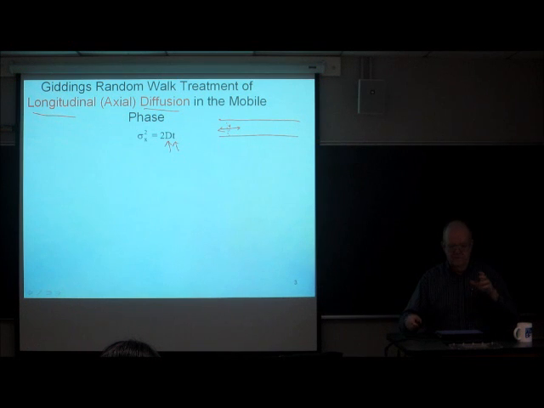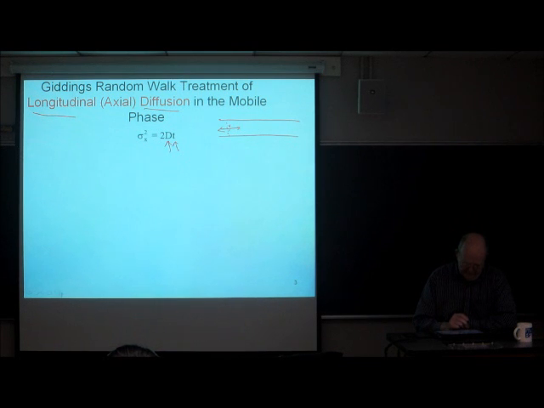So let's think about the process of diffusion in the mobile phase. The first thing we need to do is come up with an estimate of the effective mobile phase diffusion coefficient. That's this number.